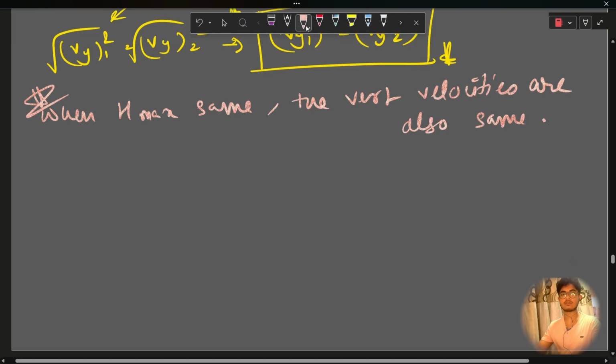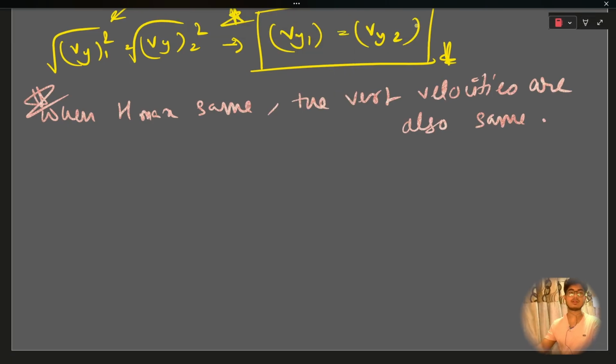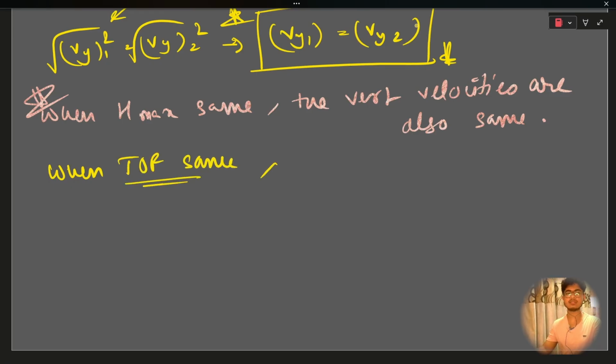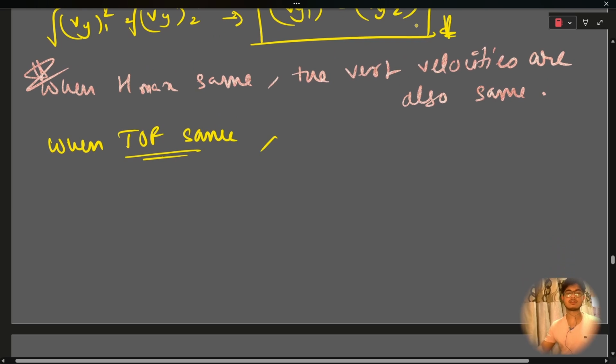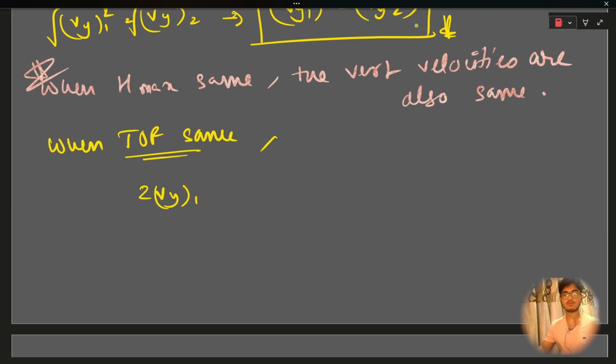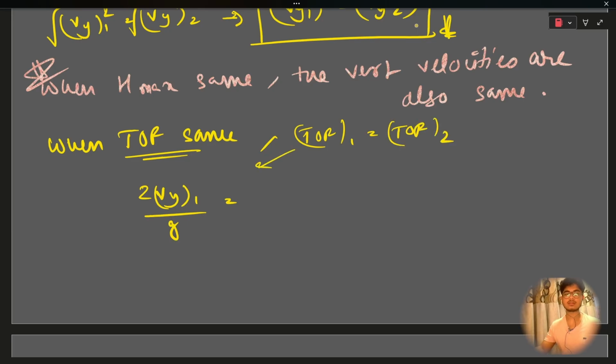Now, if you take when time of flight is the same for the two projectiles, suppose TOF1 equal to TOF2, that is 2Vy1 by g equal to 2Vy2 by g. g gets cancelled out, 2 gets cancelled out.